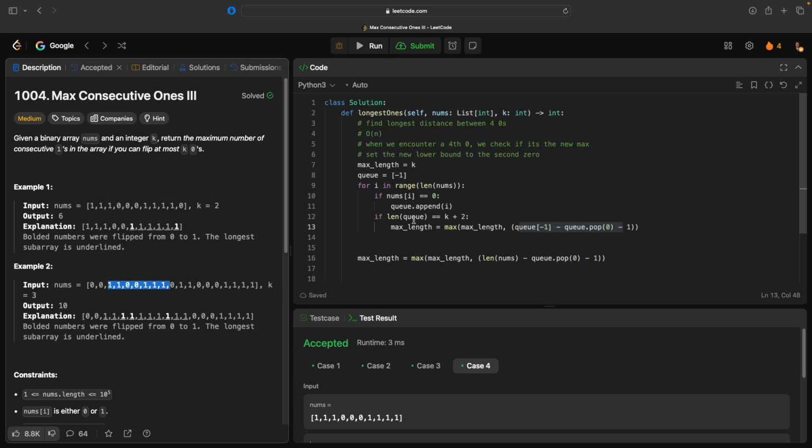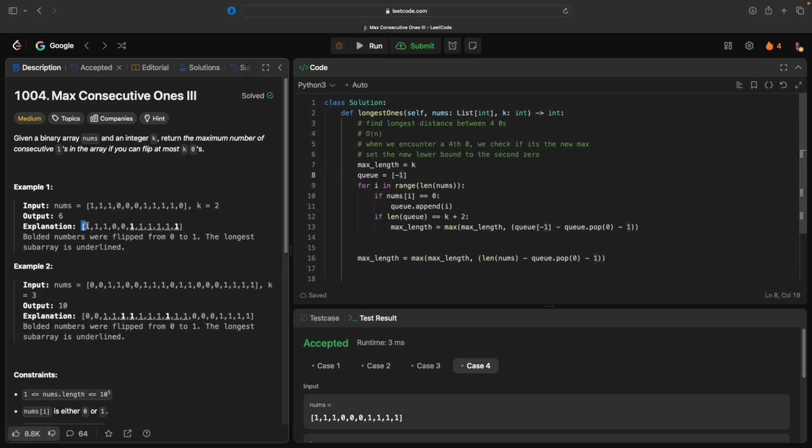So the way we do that is we have a queue, and we start the queue with a value of -1. The -1 is to account for what if it starts at 1. You want to make sure that you're counting those values. So you count that as essentially a 0 because it is a bounding value. So you say, okay, we have -1, and let's say k is 1.